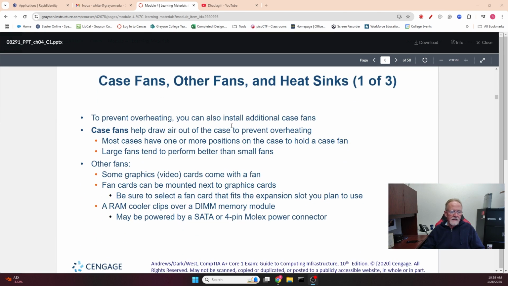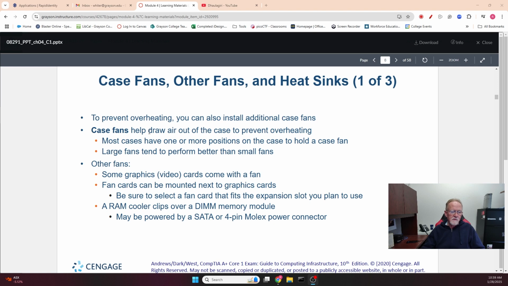To prevent overheating, you can also add additional case fans. This is particularly important if you have a large graphics card. Newer model, high performance graphics cards generate a lot of heat on their own because they have their own GPU. So you can install additional fans that blow on those cards, and that will keep the case a lot cooler.